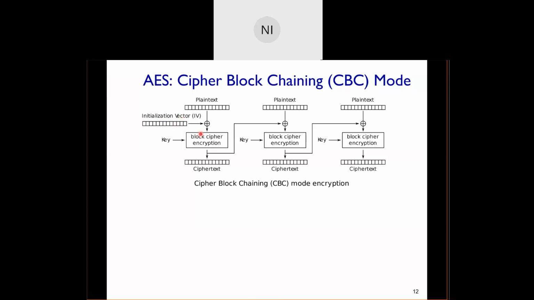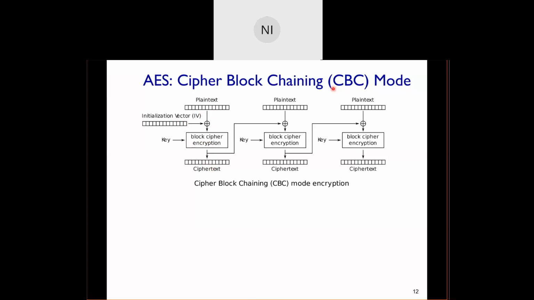What you do is, before you submit your plain text to the encryption algorithm, you do XOR of your plain text with the initialization vector. That means at the beginning, you randomly select some bit pattern and you do XOR of the first 128 bits with this IV, then give that as input to your encryption algorithm along with the key to generate the ciphertext.